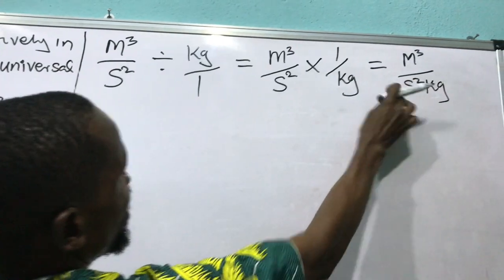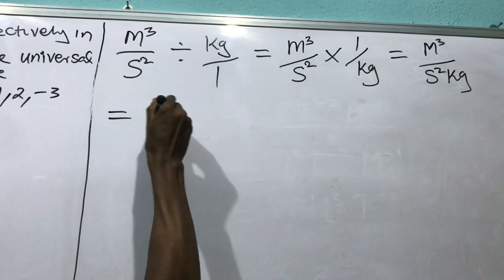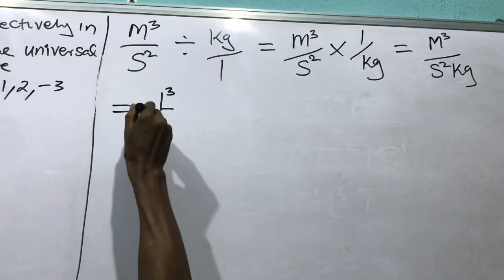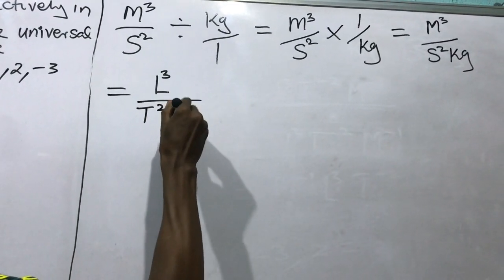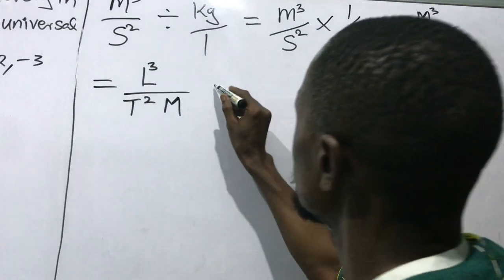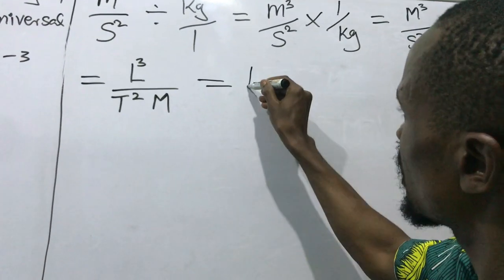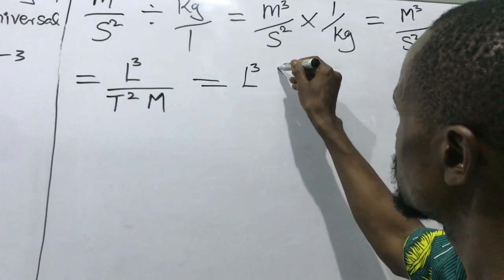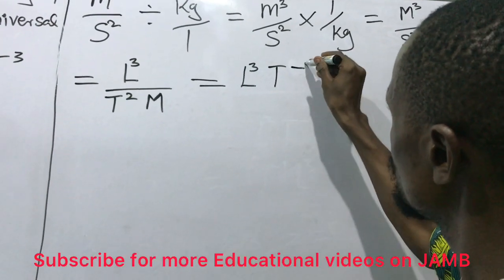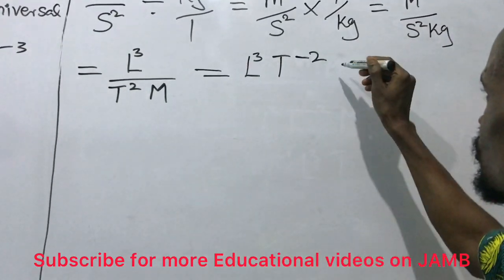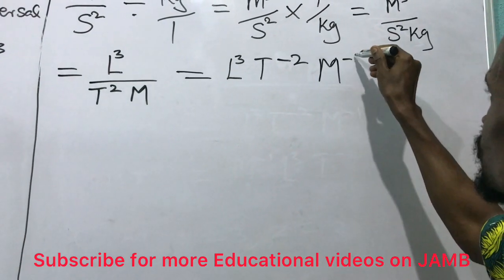And the unit dimension now will be, from this I can now get the dimension, which is length cubed, and the seconds is T squared, and the kilogram is the mass. This will land me at L cubed, T to the minus 2, and M to the minus 1.